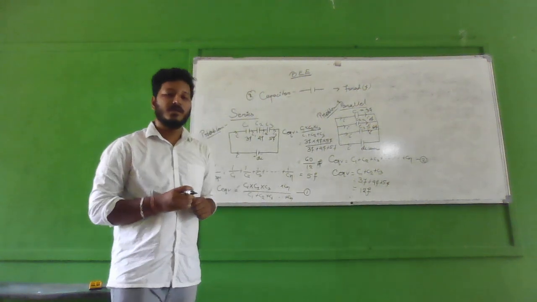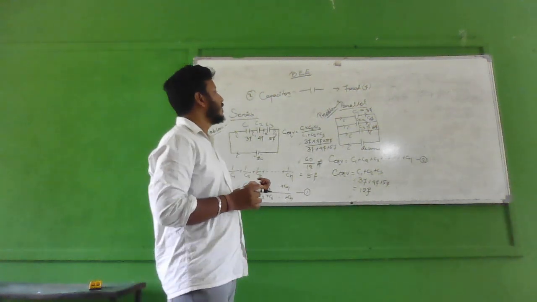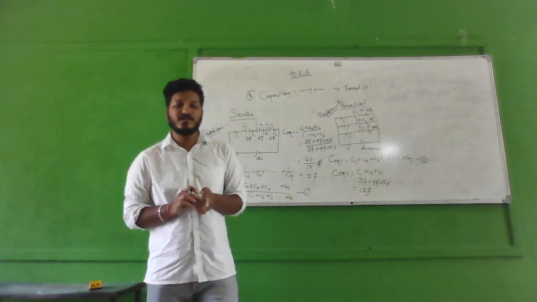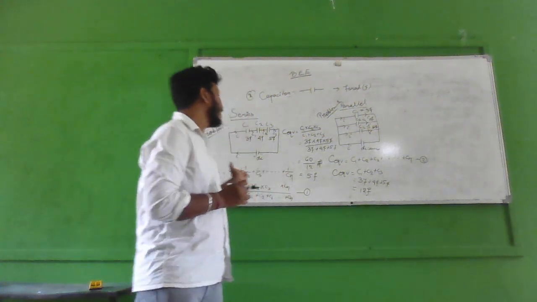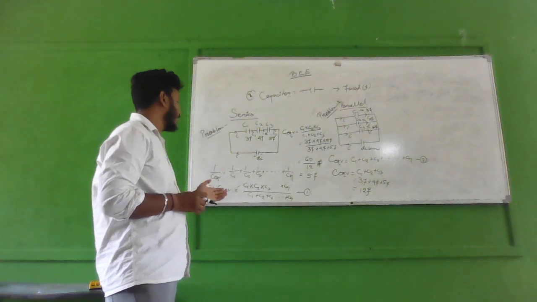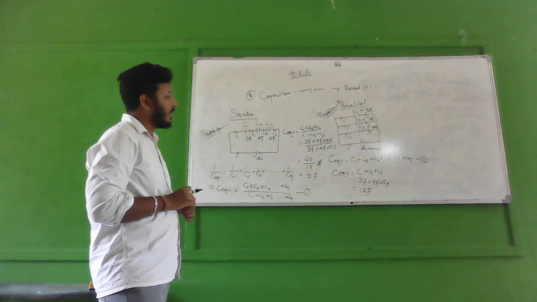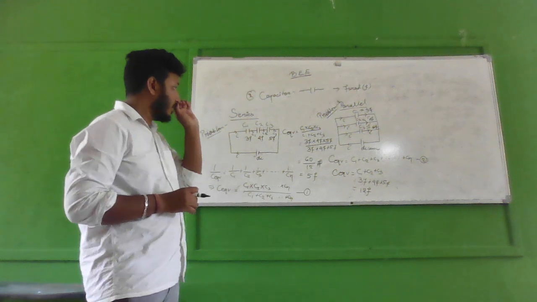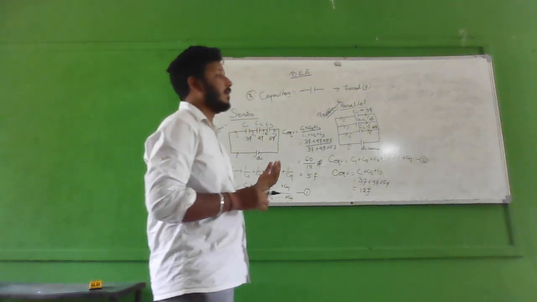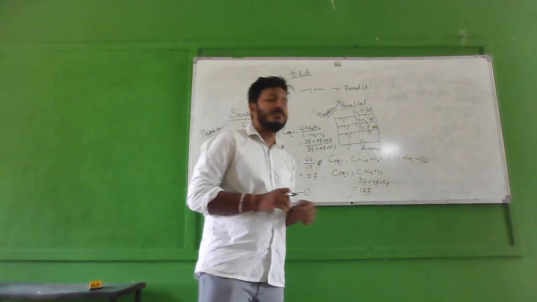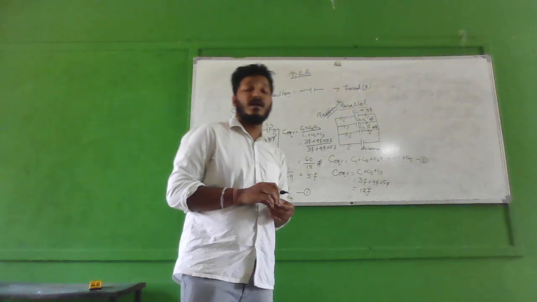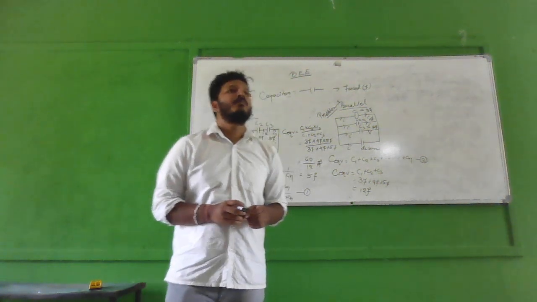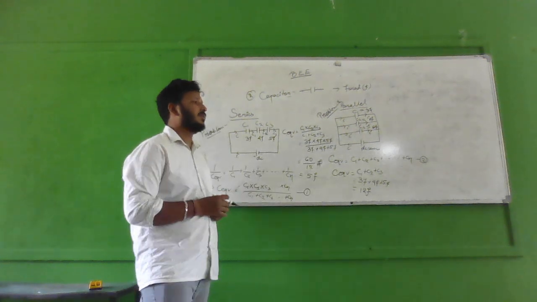Got it, students? As you see, these are not more than a chocolate. You can solve by seeing this equation and getting these formulas. We will apply these formulas in different connections like series, parallel, star delta, delta star, and combined circuits.